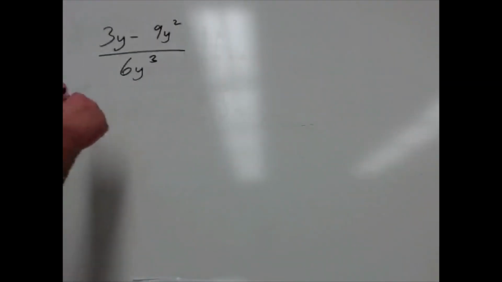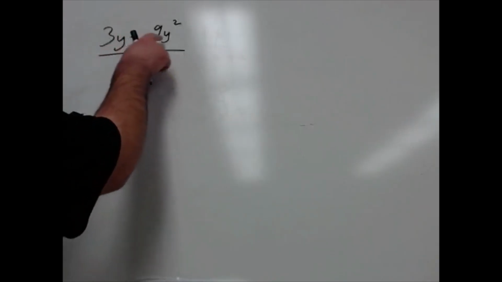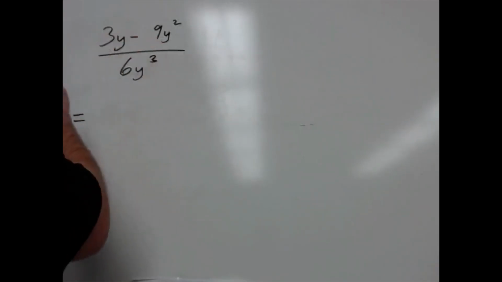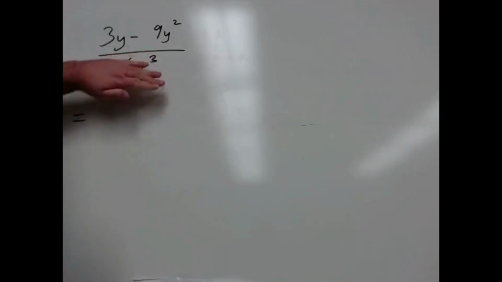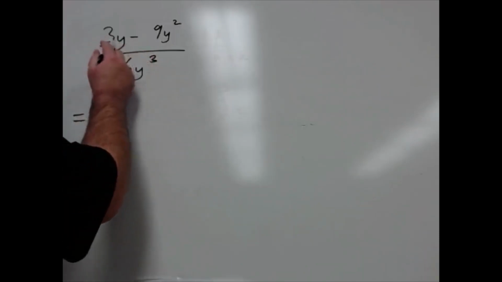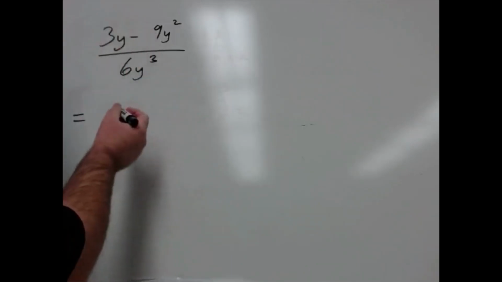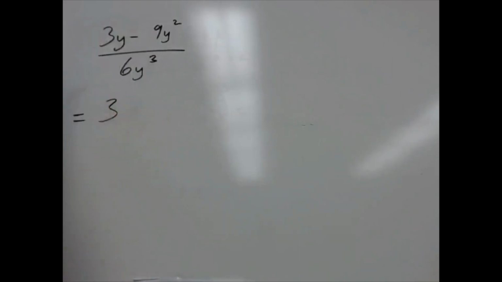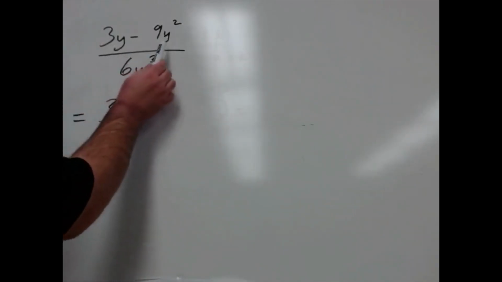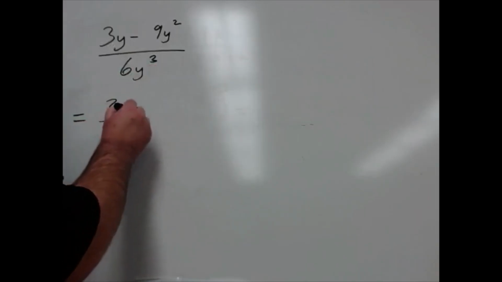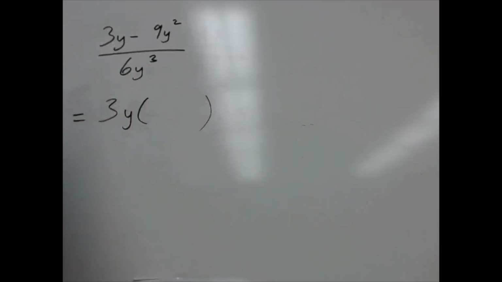So now for this one here, I need to find out what a common factor is in my numerator. I'm ignoring the denominator to start. So for my numerator, 3 and 9 are both divisible by 3, so my common factor would be a 3. I've also got a y and a y squared, so my common factor would also have a y.